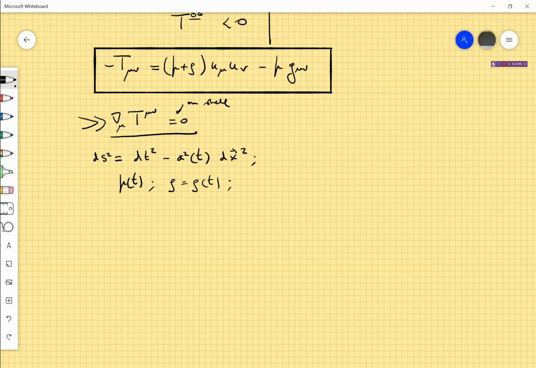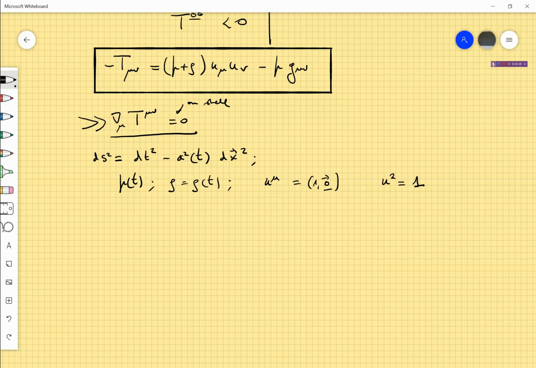Furthermore, we can simplify the problem assuming that this vector field has this form. This means that we are choosing coordinates in which these are comoving coordinates, in which we move along with the fluid. So the fluid is at rest with respect to us. The fact that it is at rest is indicated by this 0 in the spatial part. It cannot be identically 0 because you know that this has to be 1.